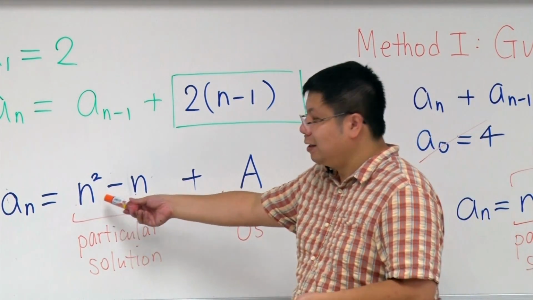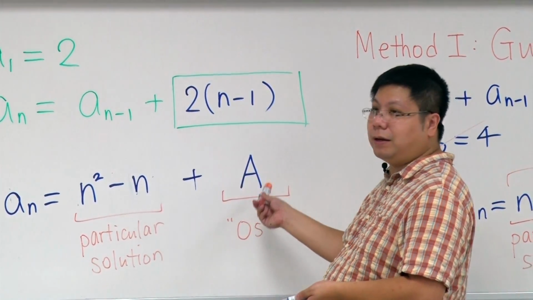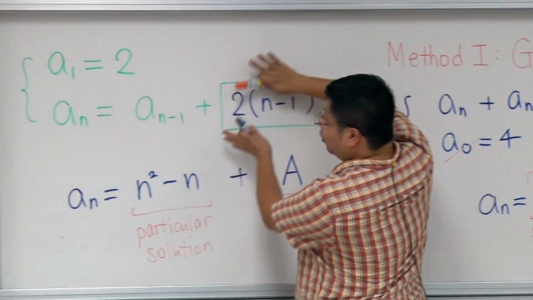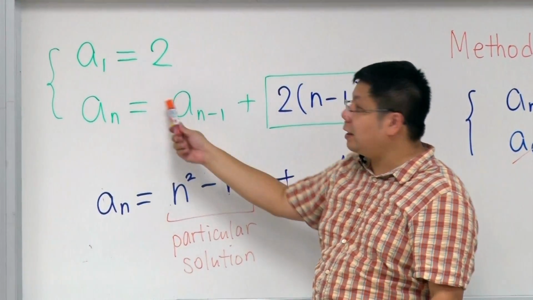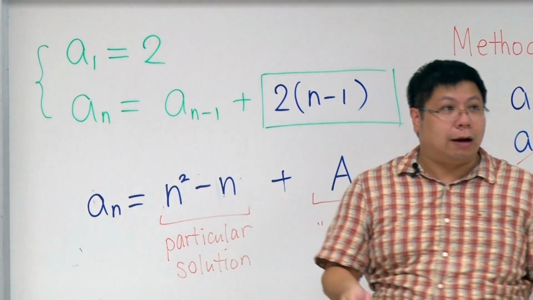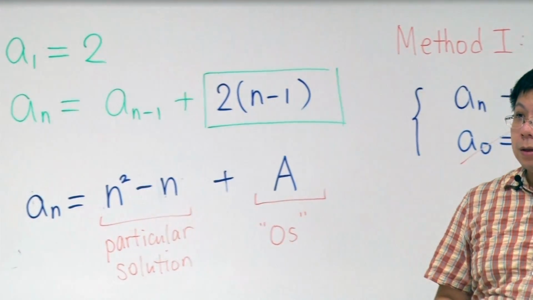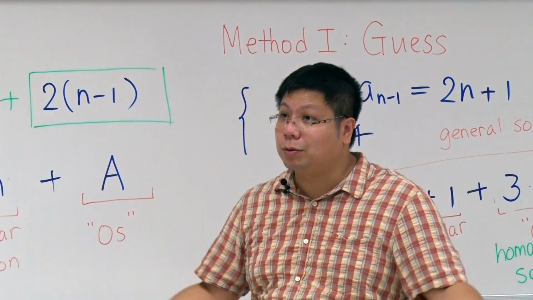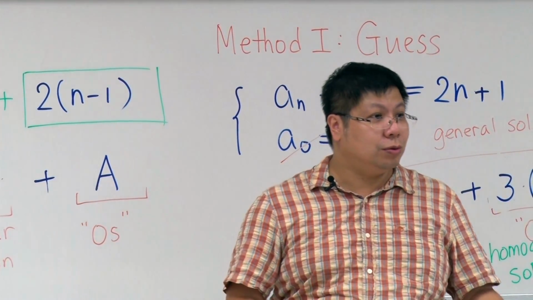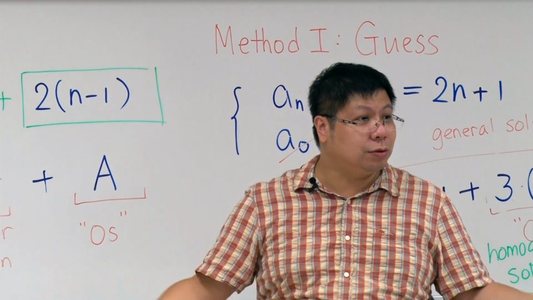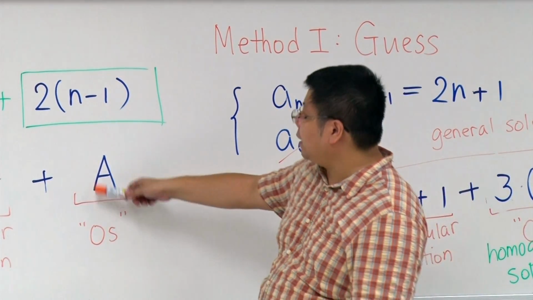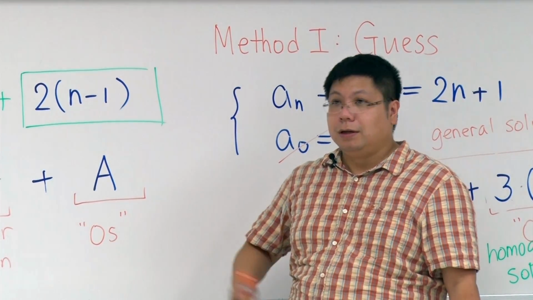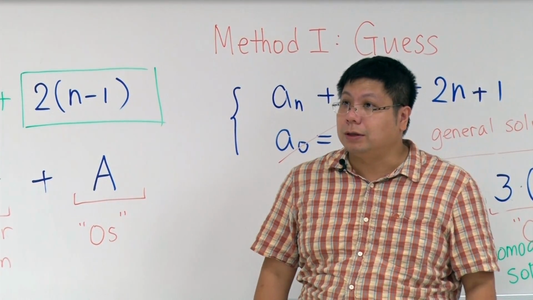Actually, it is like the c that we have, but any a for this particular case, because if we ignore this part, we have an is equal to an minus 1. How can you come up with that? If an is equal to 1, then an minus 1 is equal to 1, then everything is equal to 1, right? Or an is equal to 2, an minus 1 is equal to 2, then everything is equal to 2, then it works, right? So for any a, it can be a zero for this particular recurrence relation.